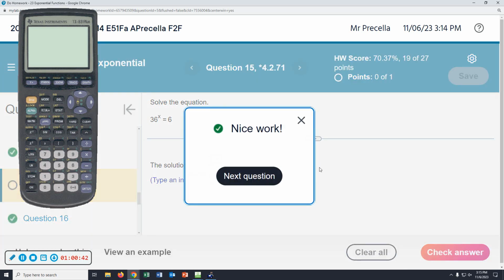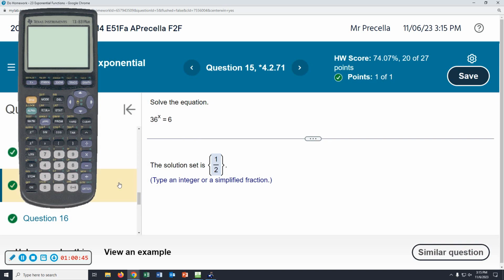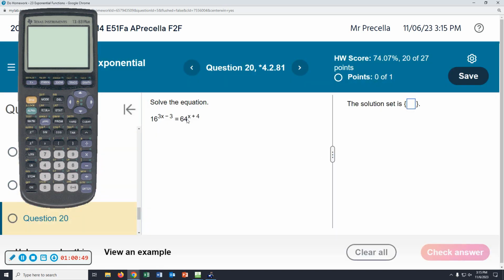And now go to number 20. Okay, number 20. Hold on. Okay. Number 20 shows the thought process really nicely. 16 to the 3x minus 3 power equals 64 to the x plus 4 power.